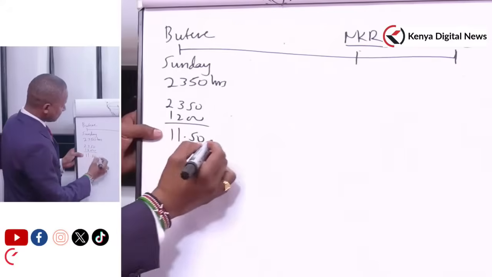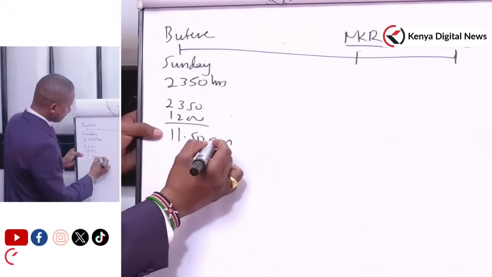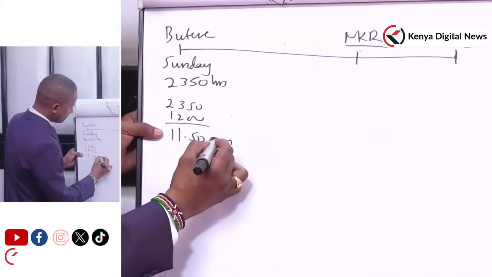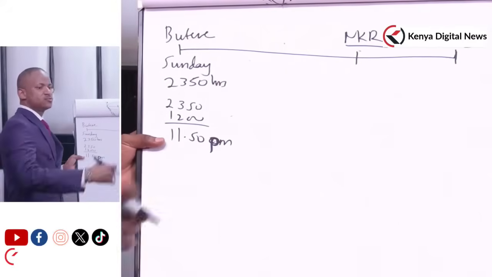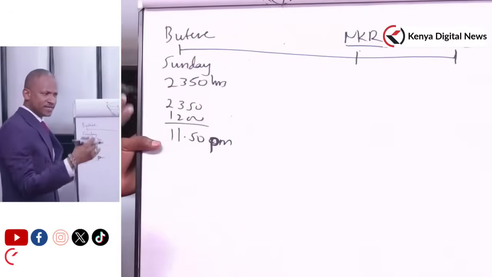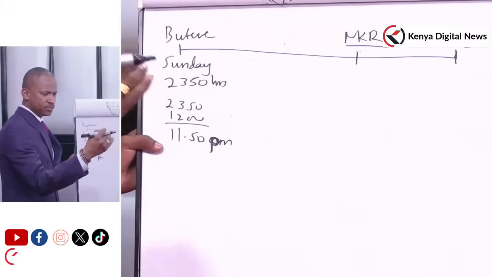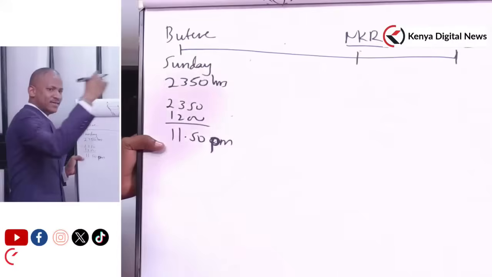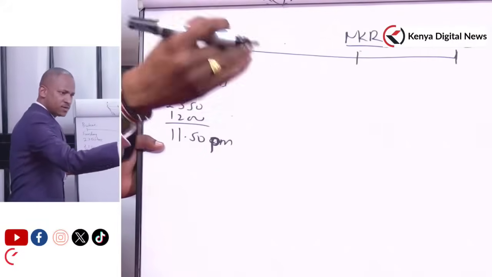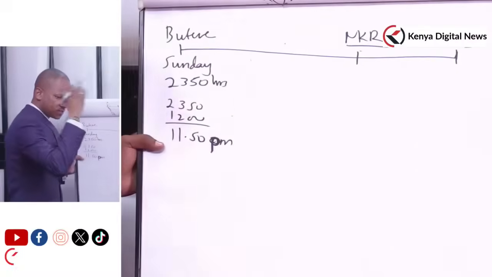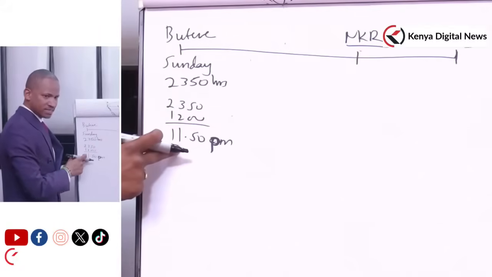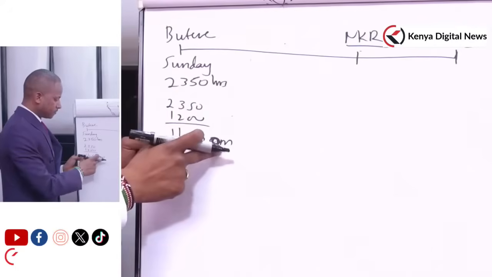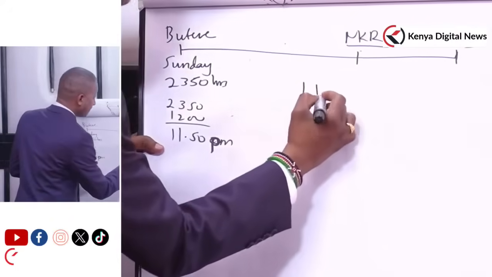You get 11:50 p.m. Now, this person left at night, 10 minutes to midnight. So he left on a Sunday, 11:50 p.m., which is only 10 minutes to Monday. 12:01 will be a Monday. So focus your mind. You change it first to 12-hour system. You get 11:50 p.m.